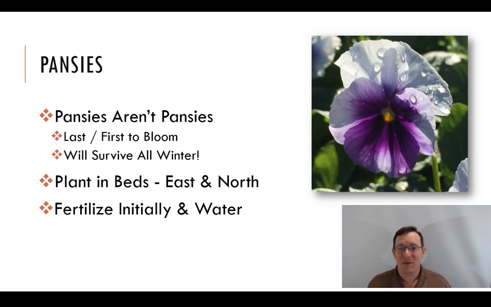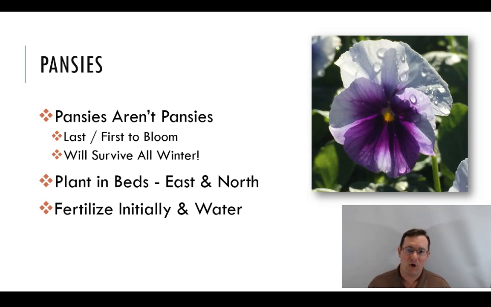Other than that, they're pretty much the exact same plant. In fact, pansies are derived from the viola species through selective breeding. Pansies are one of the oldest ornamental plants. People started breeding them back in the 1700s and 1800s, and because of that, there is a huge number of varieties.